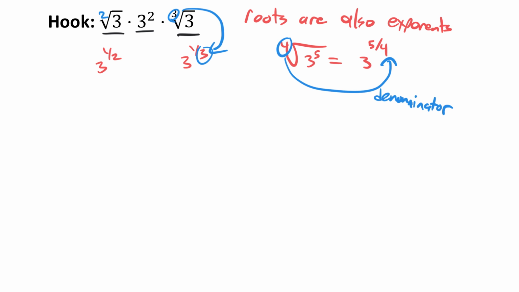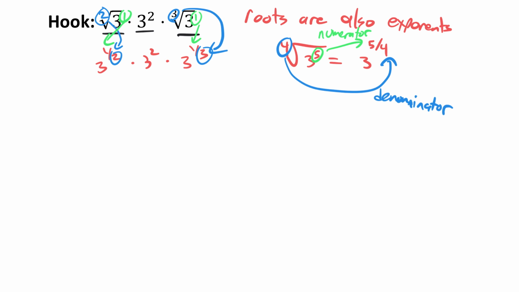The cube root is like the third root. And so that 2 becomes the denominator, and then every exponent just becomes the numerator. So the 5 that we have here becomes the numerator. The invisible 1 that we have here becomes the 1 over there. The invisible 1 we have here becomes the 1 over there. And the 3 squared just stays as a 3 squared.